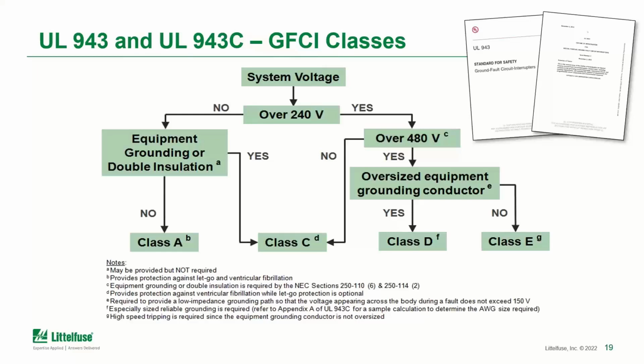And for systems that are above 480, and here I'm looking at 600 as the industrial voltage in Canada, that's where a Class D special purpose GFCI would fit. There are some additional requirements here that we'll unpack in some of the upcoming slides, but the voltage is your first determining factor.